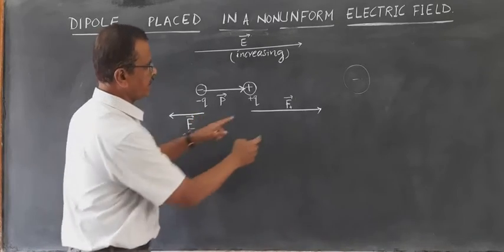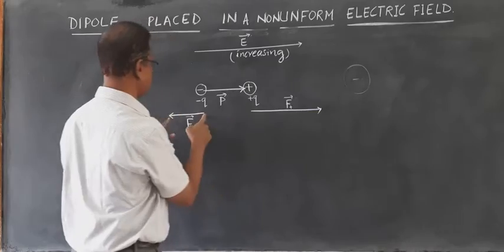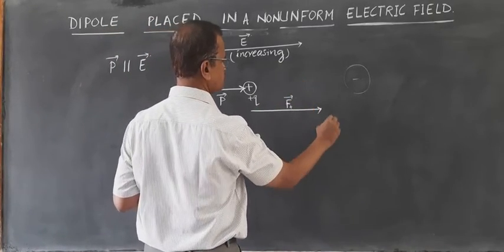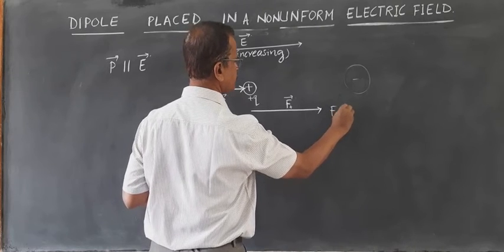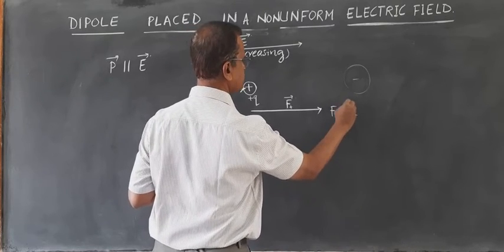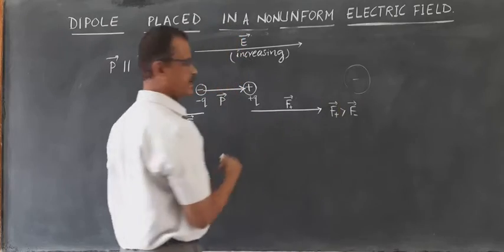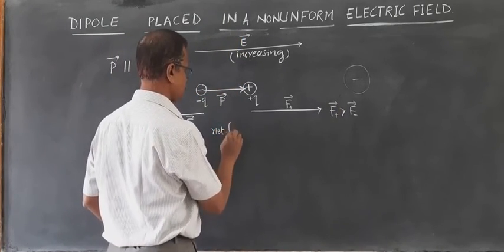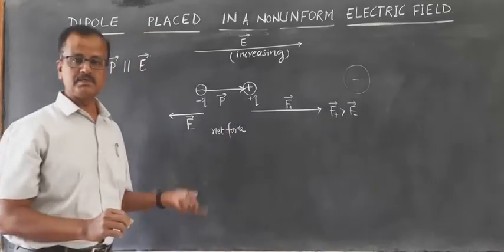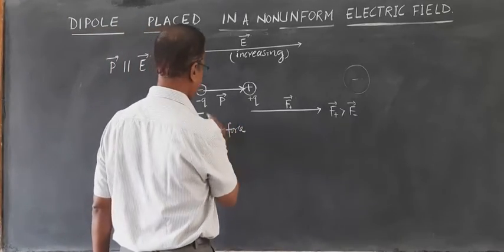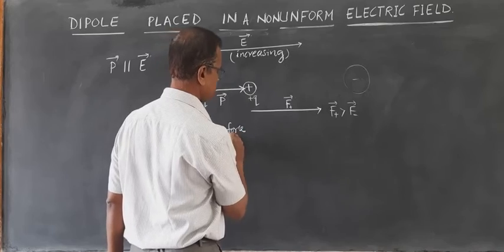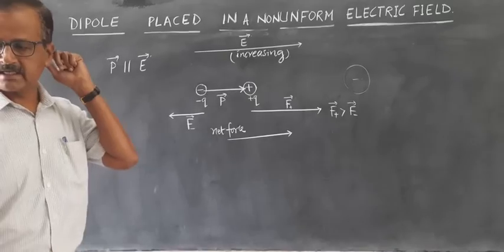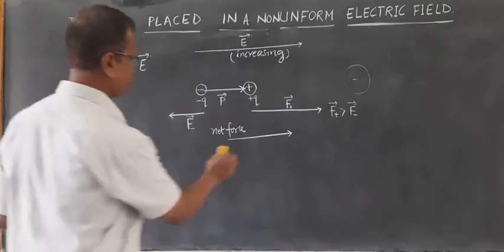F plus is definitely greater than F minus, and they are in opposite directions. Therefore, the net force is not zero. It will act in the direction of increasing electric field.